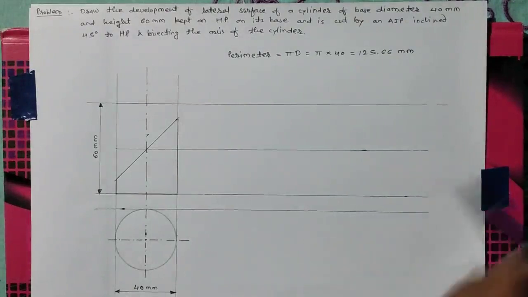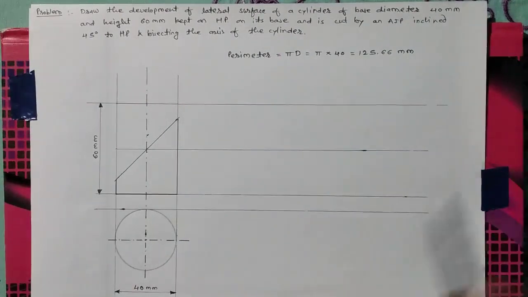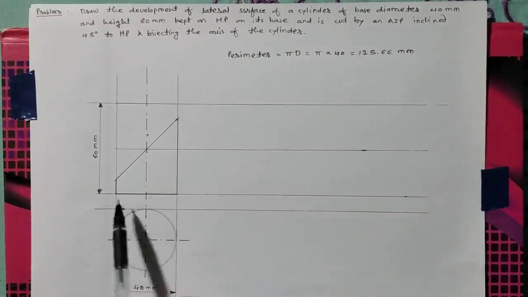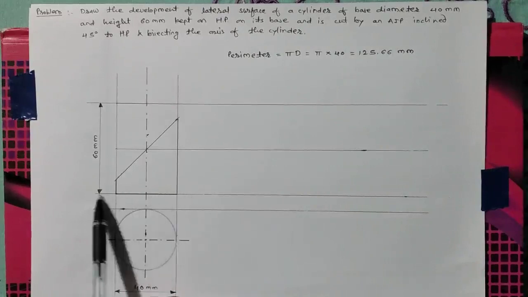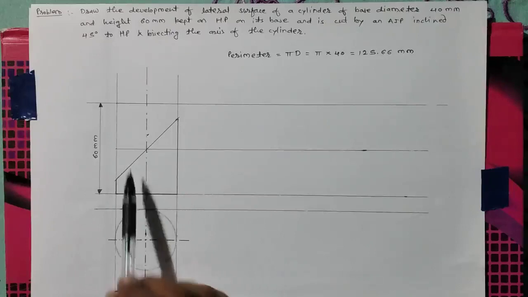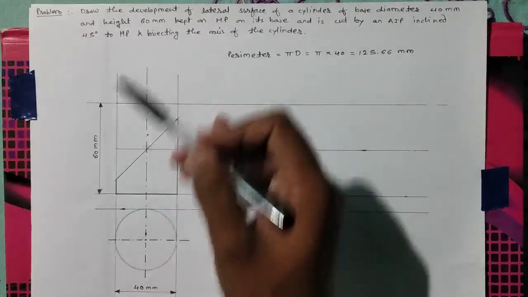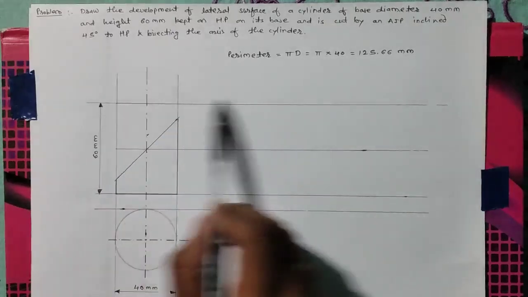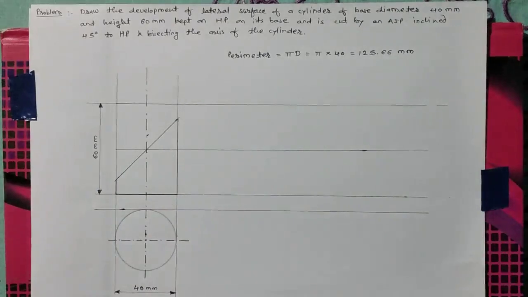In front view, the height of the cylinder is 60 mm. Take the distance of 60 mm from this reference line at the upper side and draw another reference line. Here we nearly complete the front view and top view of the cylinder.